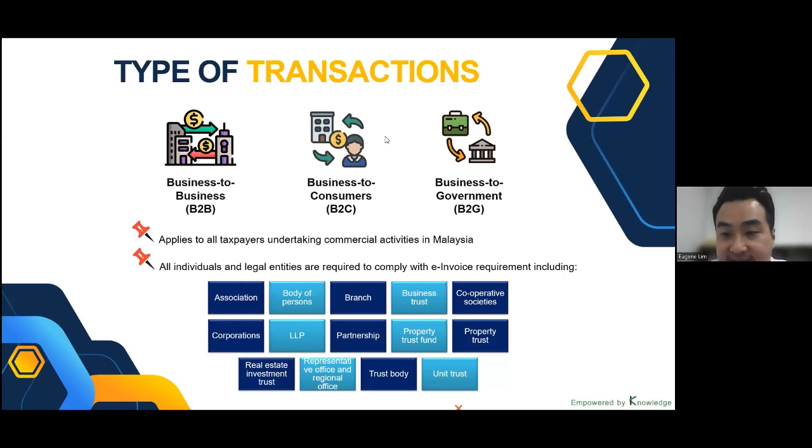Then one question: is it possible to have G2B, where the government issues you an invoice or has a transaction with you as a business? Can you share, is there any possibility the government will have a transaction with you?